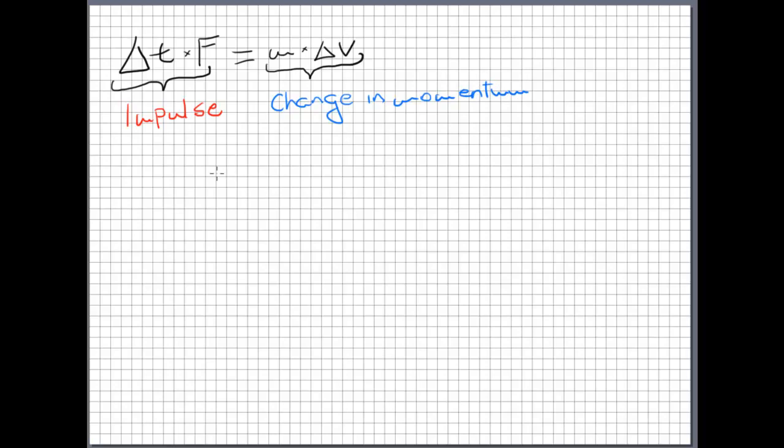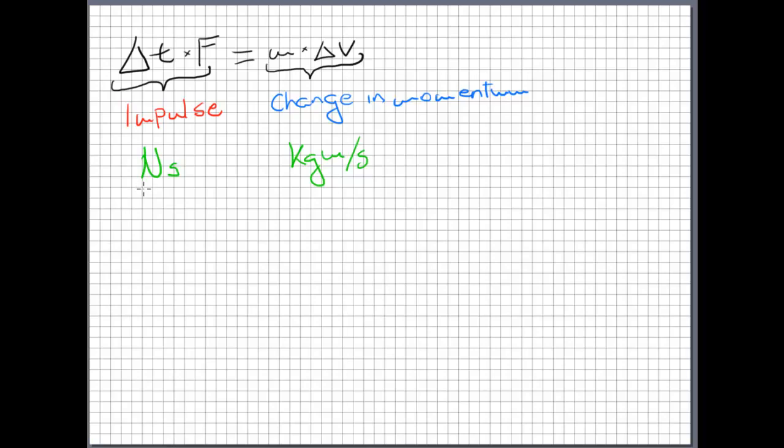All right, so the key part is recognizing that the units for both are pretty much the same. So we say that for impulse, it's newton seconds, and for the change in momentum is kilogram meters per second.